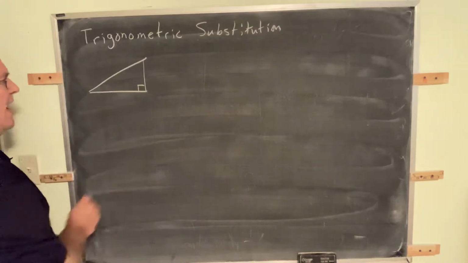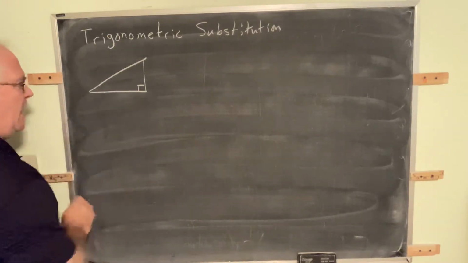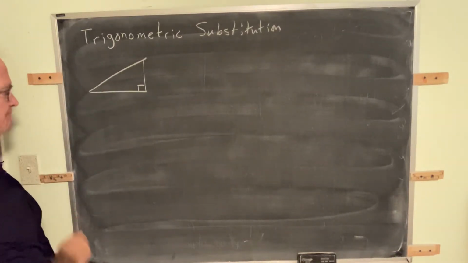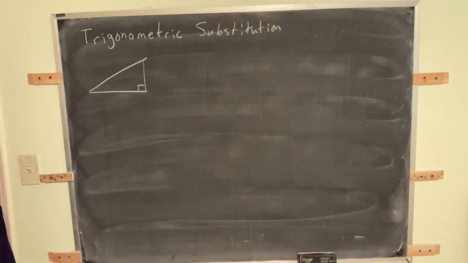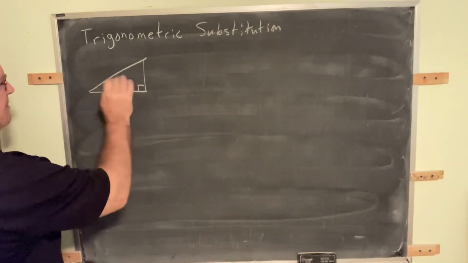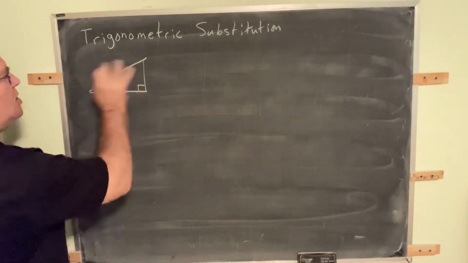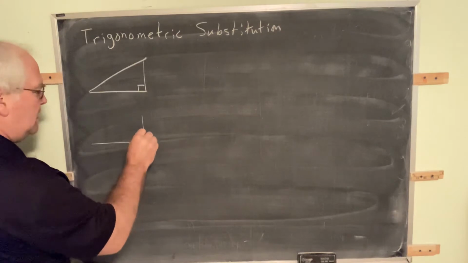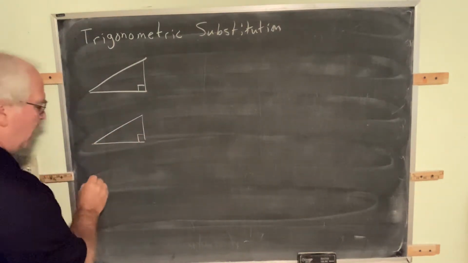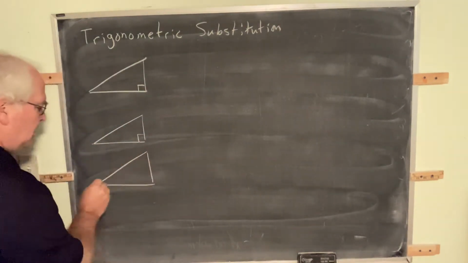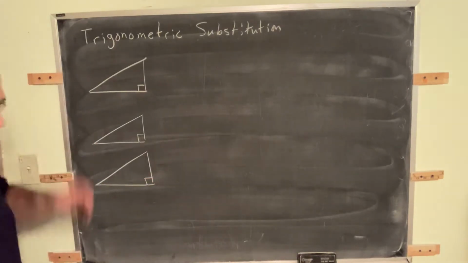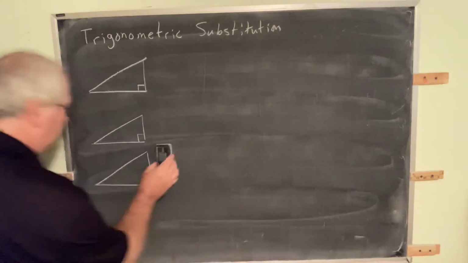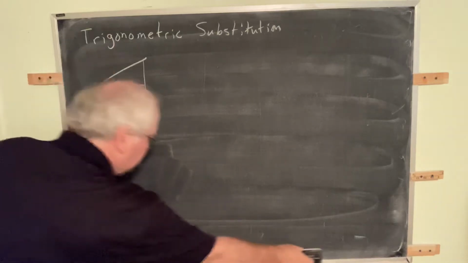First off, if we have a right triangle, we know that Pythagoras applies to that. Now, suppose we know two of the sides of the triangle. There are three possibilities. When I write my triangles for trigonometric substitution, I'm going to do this the same way I learned it way back in my Calculus 2 course.